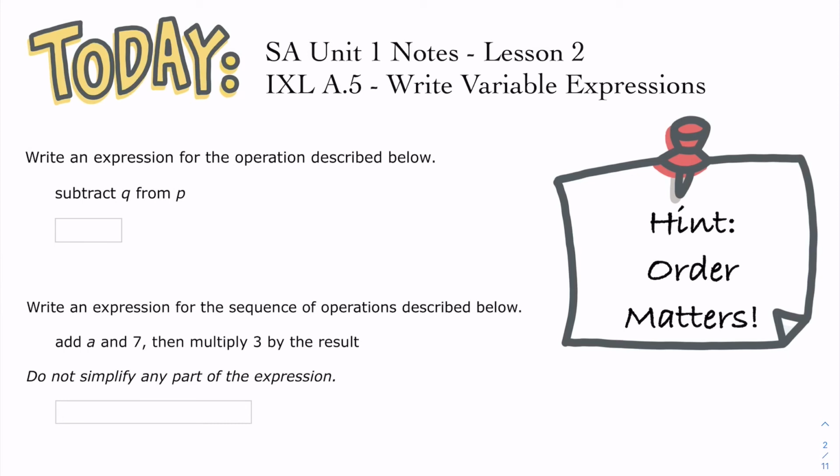We're jumping over to IXL A5, which is writing variable expressions. I put a little note here, hint: order matters. When we're writing our variable expressions, we have to be careful. Let's say you're given two different options. 5 subtract 3 looks like this.